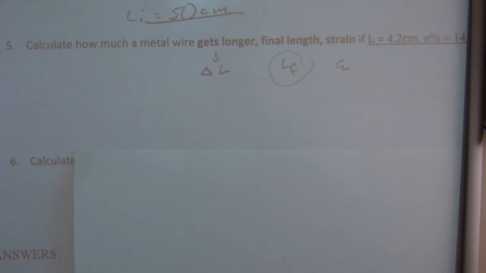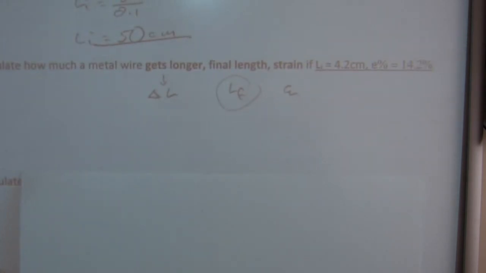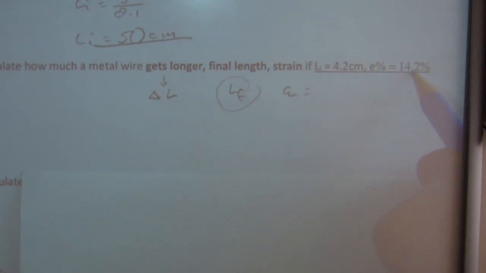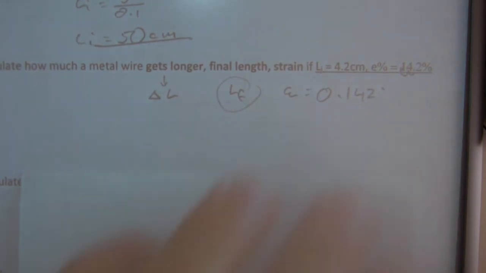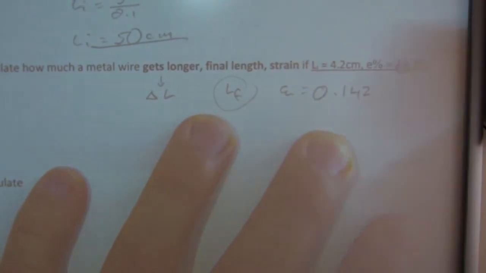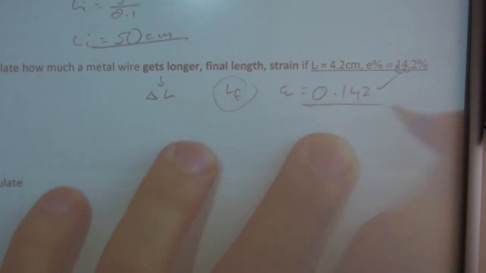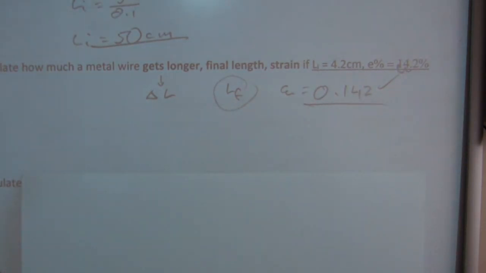So in this case, strain can be calculated from elongation percent as per standard procedure, divide by 100, or I'm just going to shift the decimal two places to the left, so I'm just going to write down 0.142, there, done, that's strain. So strain is being calculated.